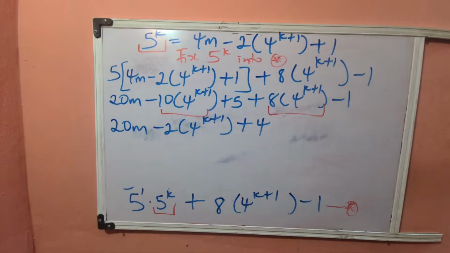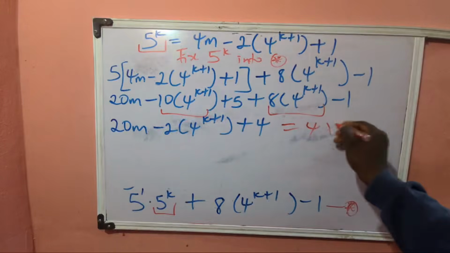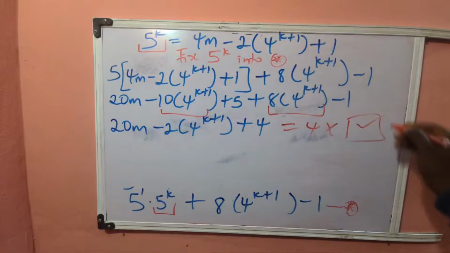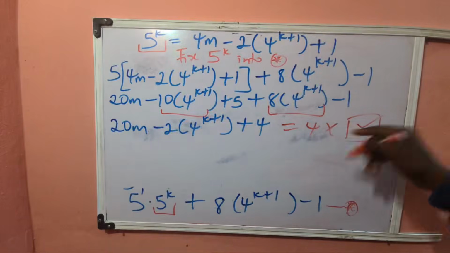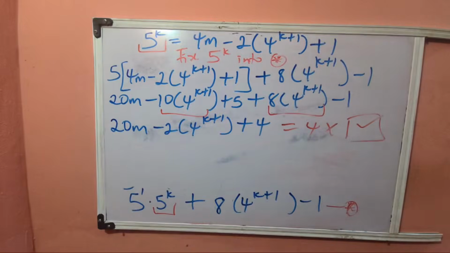You need to always know where you are moving towards. So what we're looking for is that if we're able to prove that this thing we have now is equals to 4 times something, whatever it is, as long as it's an integer, as long as we have 4 times an integer value, whatever was inside here, doesn't matter, then we are going to be able to conclude that by using mathematical induction, we've been able to prove that that function is an integer multiple of 4.